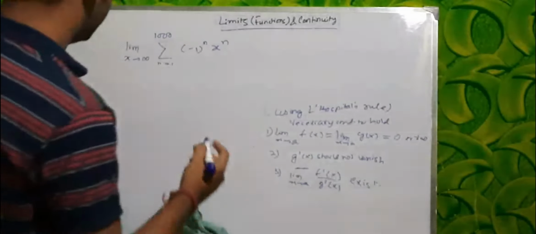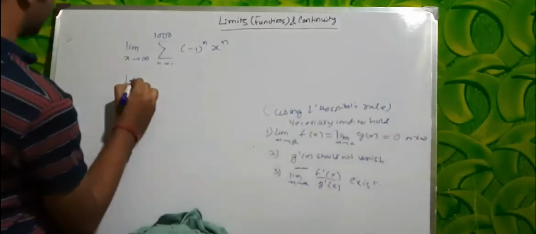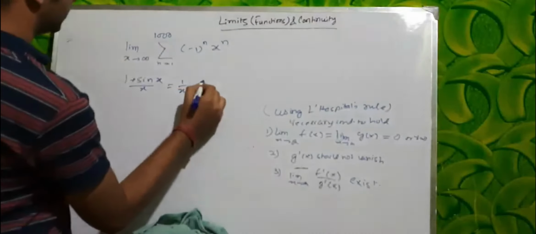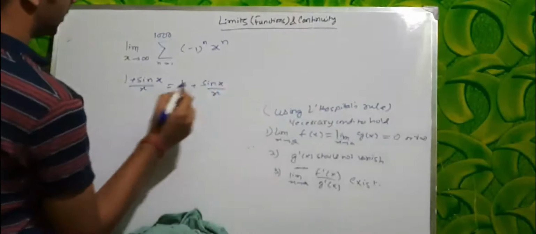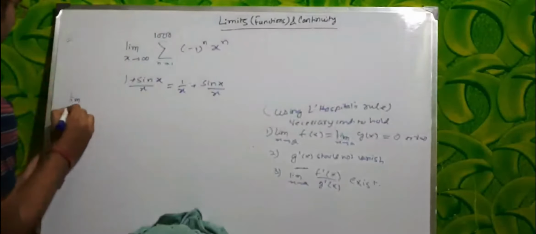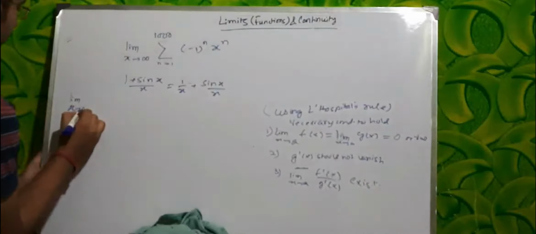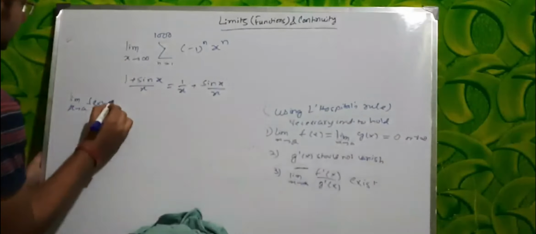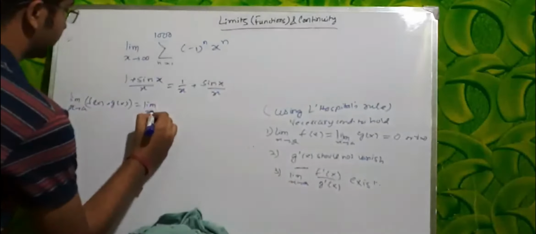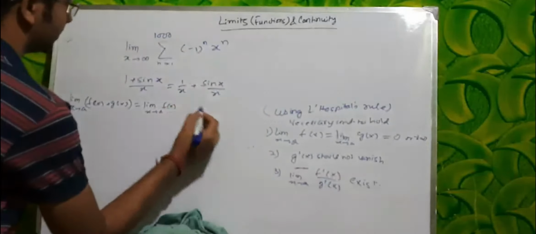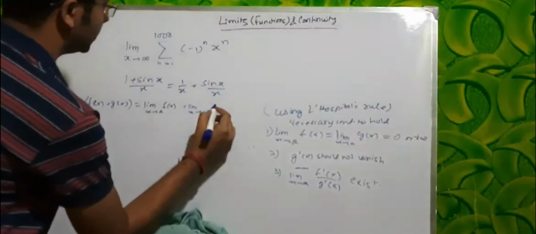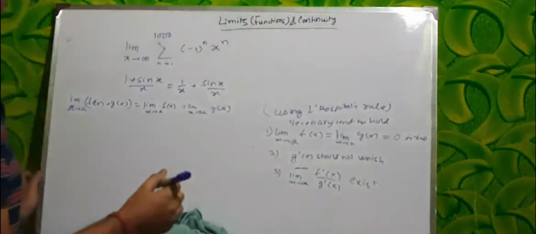So if we are clever enough, what we can see is (1 plus sin x) by x can be written as 1 by x plus sin x by x. Now we can apply this rule, right? We learned that limit x tends to a of f(x) plus g(x) is the same as limit x tends to a of f(x) plus limit x tends to a of g(x).